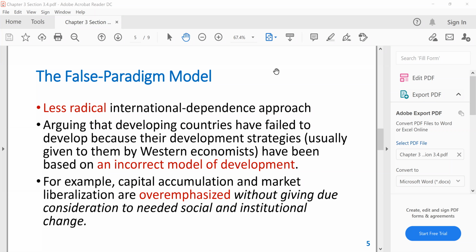Conversely, if you have a large endowment of capital, if you are relatively more capital abundant, then you must specialize more in the capital intensive goods, right?